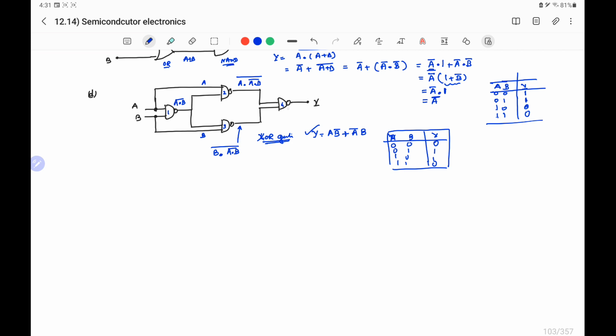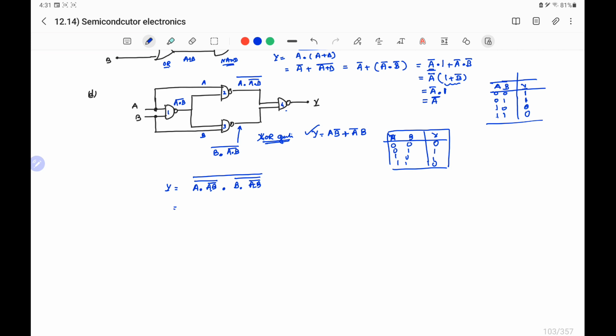Now these two outputs are applied to NAND gate 4, and we have finally the output Y, which is the AND of A and (A B) complement, and then AND of the other input B and (A B) complement, and because it's a NAND gate, it's the whole complement.